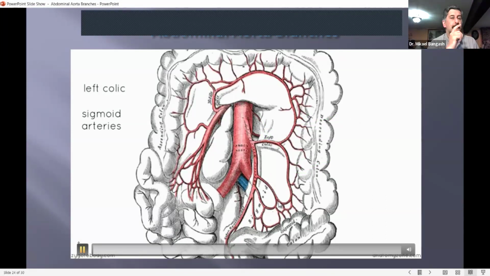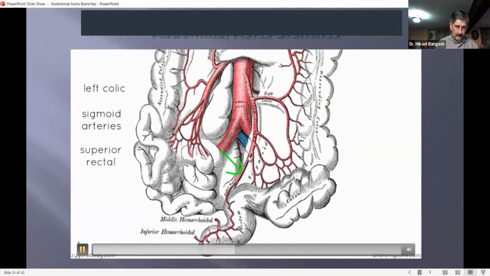These vessels enter the sigmoid mesocolon to supply the sigmoid colon and the lowest parts of the descending colon. The last branch we've got is the superior rectal artery. This is the terminal branch of the inferior mesenteric artery, and it supplies the distal part of the sigmoid colon and, as the name suggests, the proximal rectum.